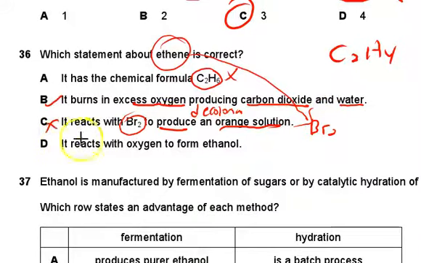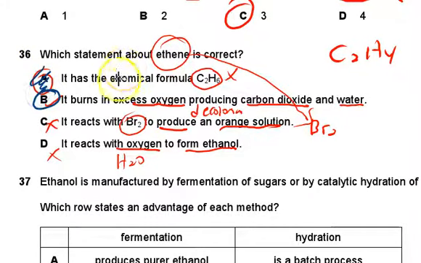So C is not your answer. D, it reacts with oxygen to form ethanol. No, they will react with water to form ethanol. So this is also wrong. So the best answer here will be A. Sorry, my bad. Okay, so your answer here will be B.